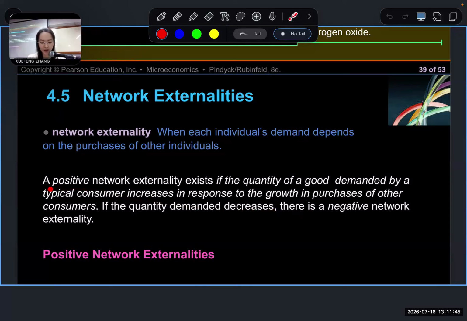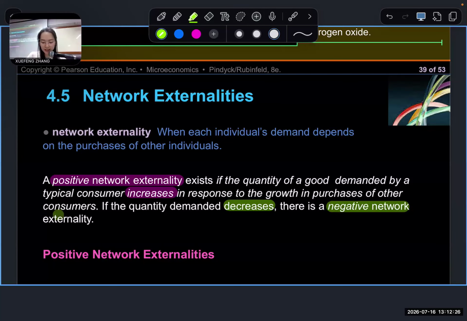A positive network externality exists if the quantity of a good demanded by a typical consumer increases in response to the growth in purchases of other consumers. The other way around, if the quantity demanded decreases, this is a negative network externality.